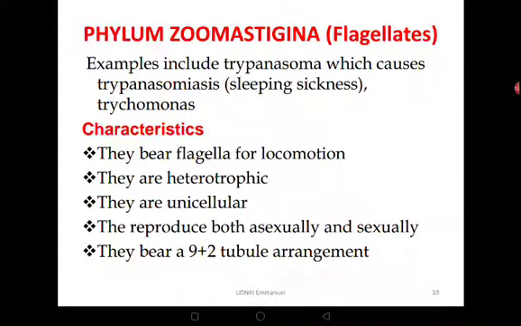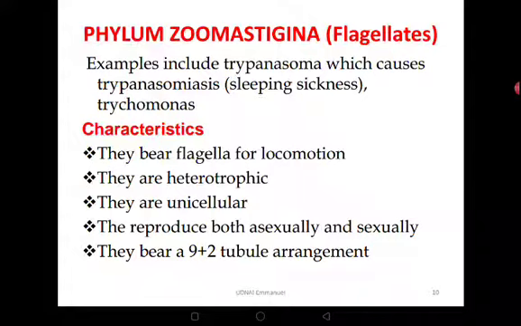Well, that is the structure. So let's look at another phylum under kingdom Protoctista, and this one is called Zoomastigina. In some books it's called Zoomastigophora. They are animal-like from the word zoo. They are animal-like protists, and they are usually having flagella.